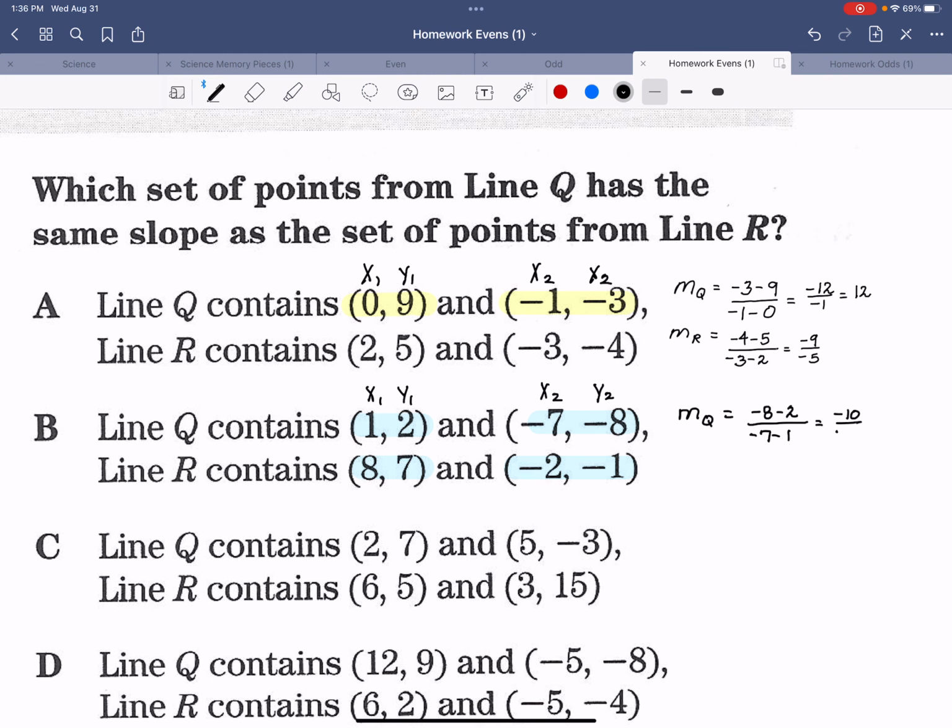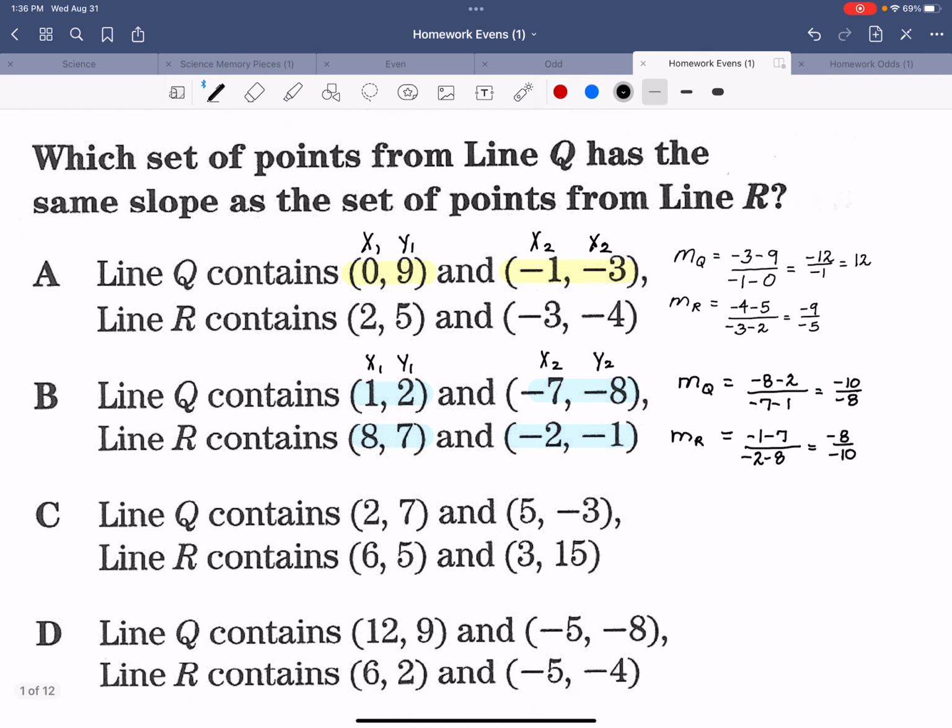That's negative 10 over negative 8. The slope of R is negative 1 minus 7 and negative 2 minus 8. So that's negative 8 over negative 10. That is not the same thing.